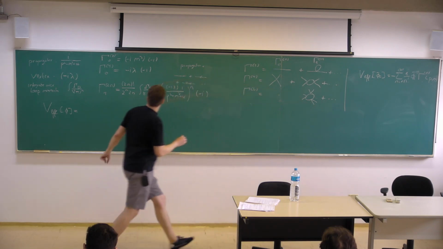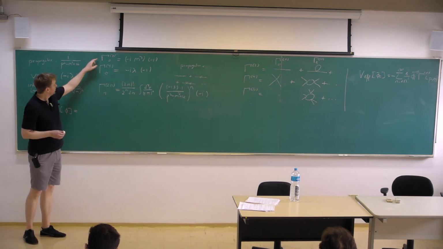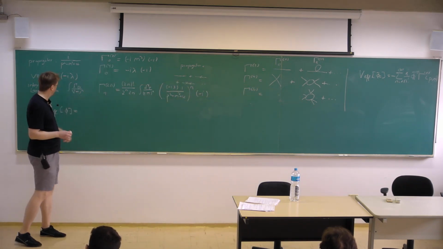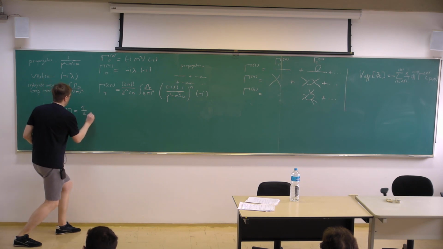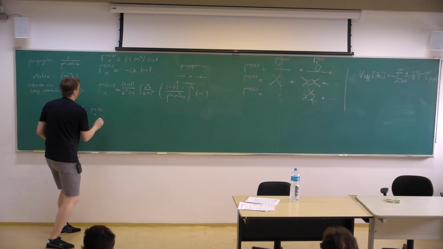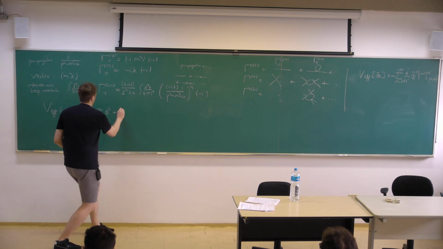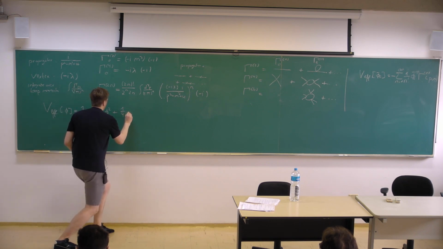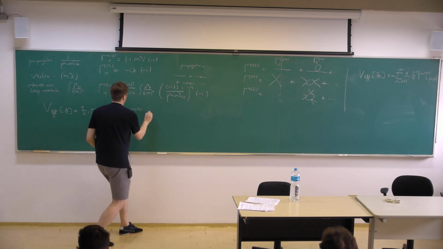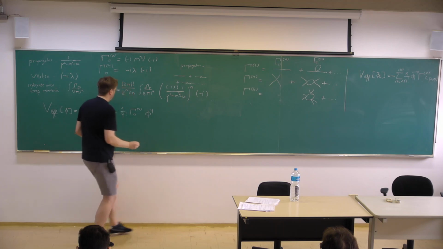Yes, so it always goes like 1 over n factorial. Let me first write it like this. Let's do it slowly. 1 over 2 factorial phi squared plus 1 over 4 factorial phi to the 4th.